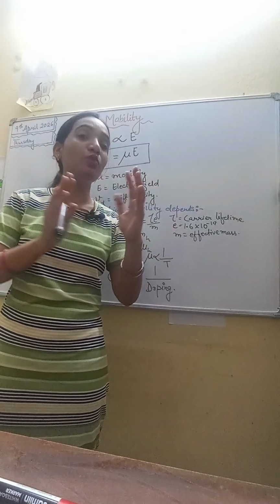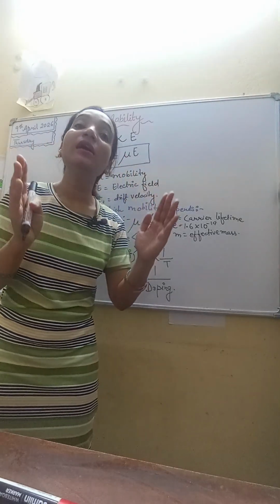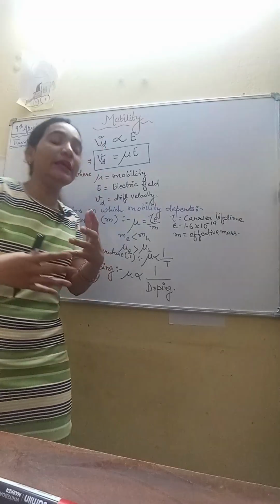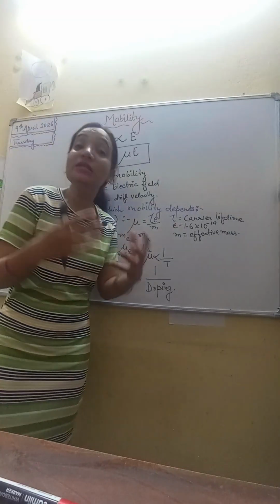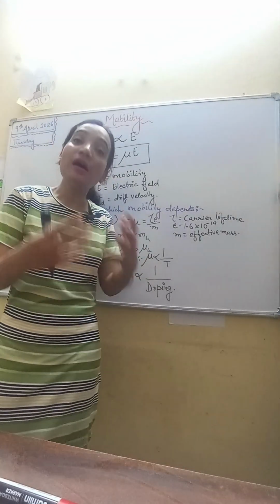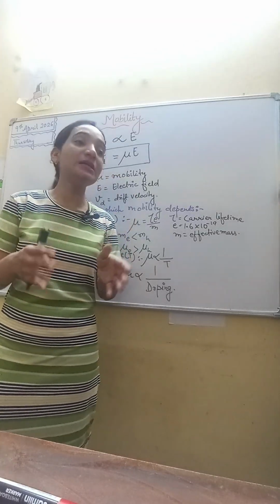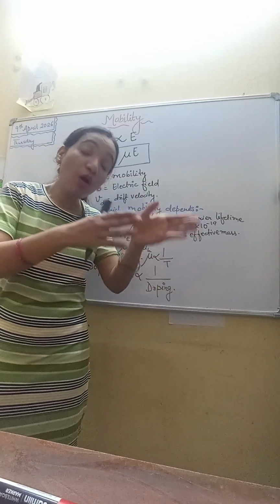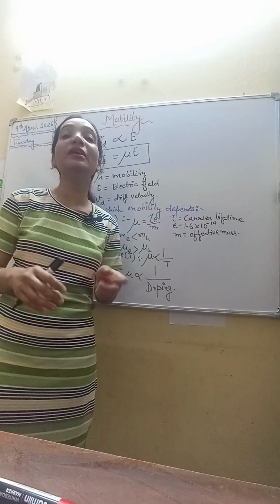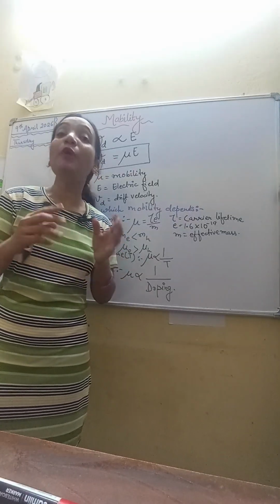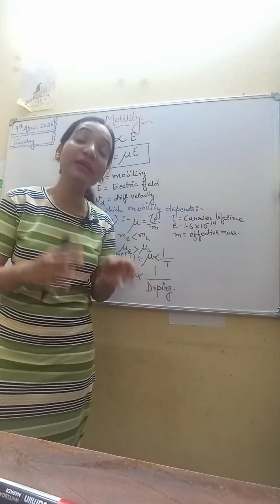When they are crowded too much, they will strike each other frequently, and this will create disturbance in the substance, and the flow of the charge carrier is not happening easily.